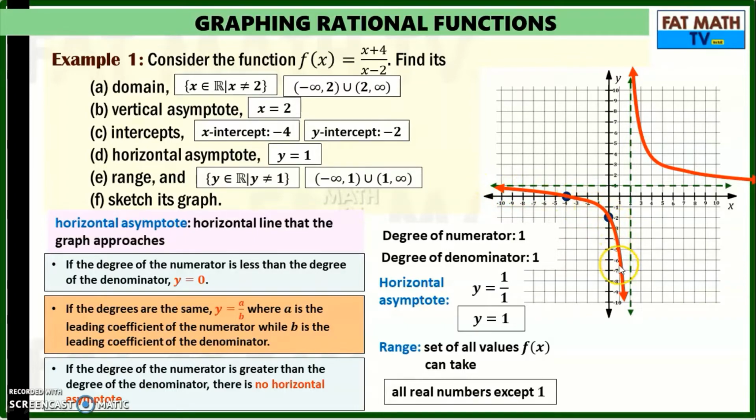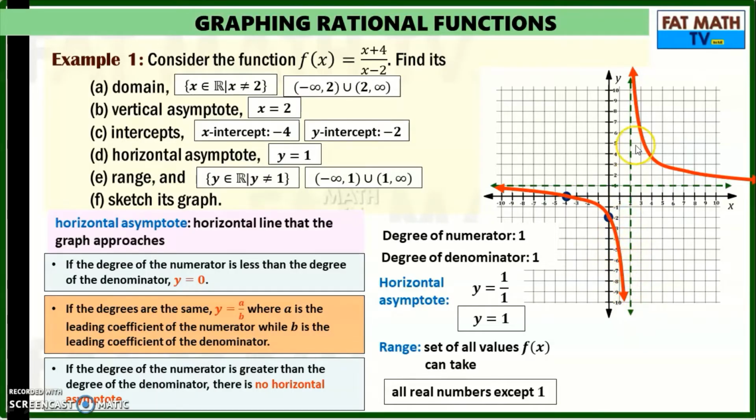If you will move here to the right as you approach x equals 2, the value of the function will just go down without reaching, will just go down and down, approaching x equals 2 here.